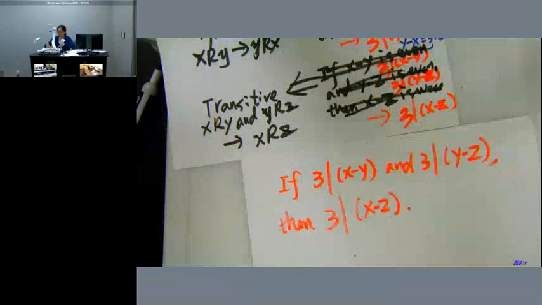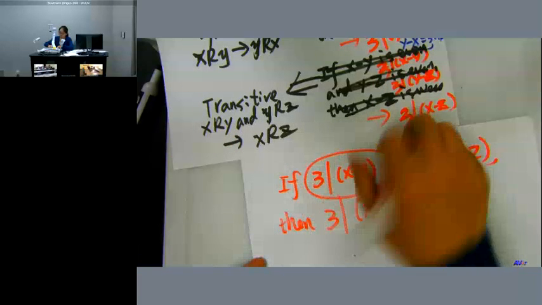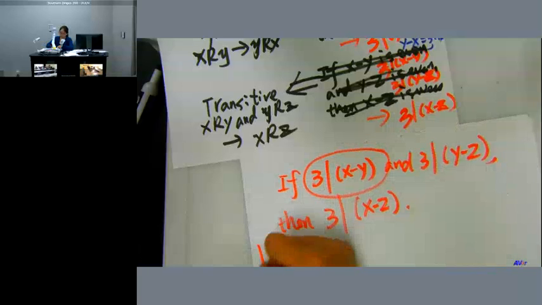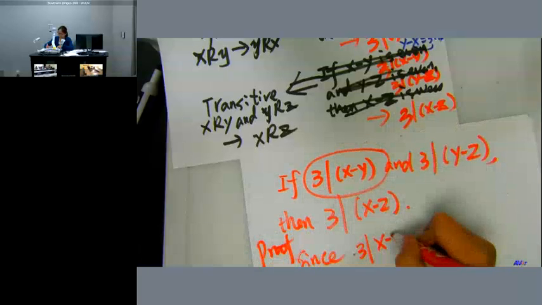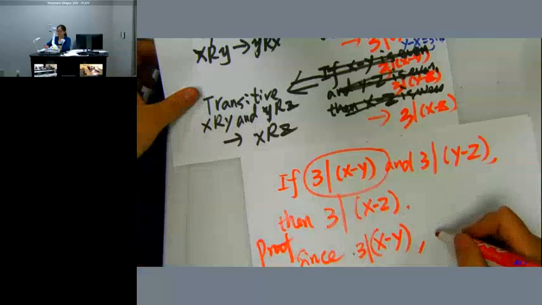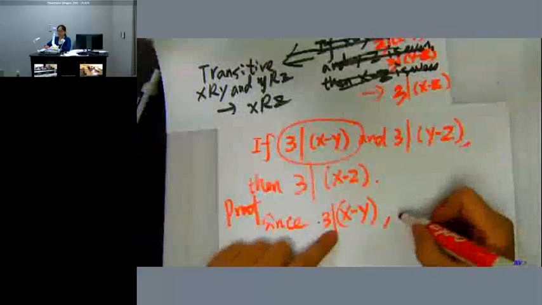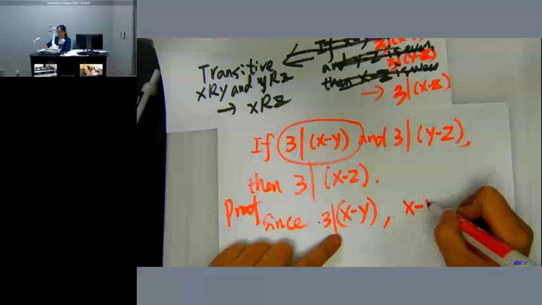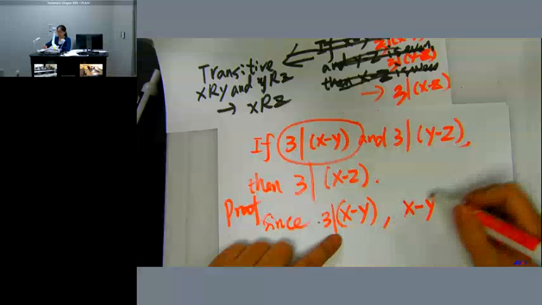Go by definition. So if we know 3 divides x minus y, what does this mean? Rewrite x minus y by the definition of divisibility. What's the definition of divisibility? X minus y is divisible by 3. Yes, how do you write it in symbolic form?